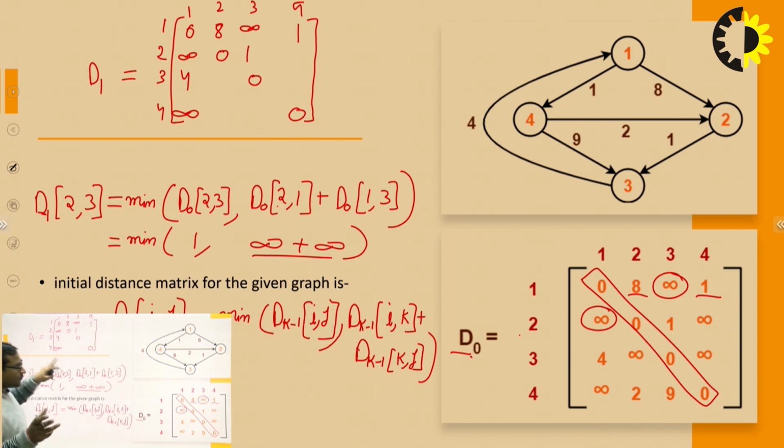Okay, I'll take one more value here. I'll calculate D1 of 3,2, and you can see here it is infinity.